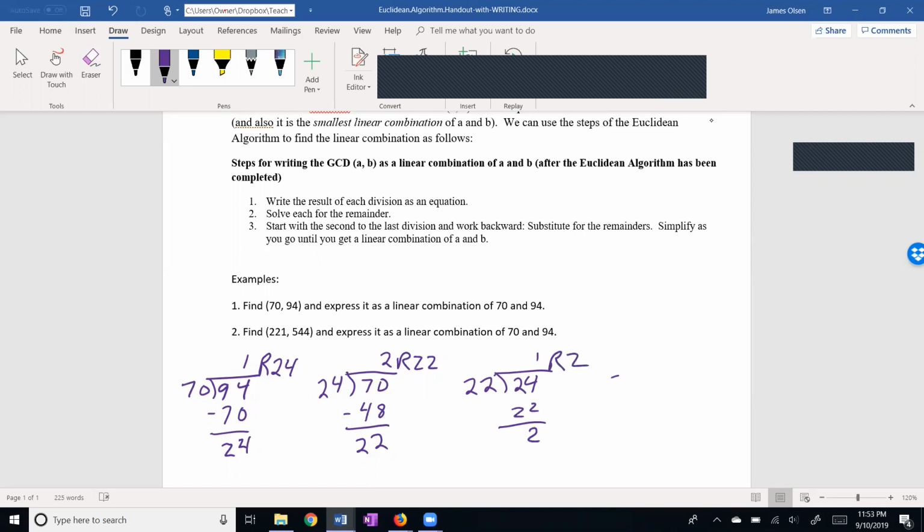The remainder comes on the outside. 22 goes on the inside. And 2 goes into 22 eleven times, and I do get a remainder of 0, and it's one of my traditions, I like to make that a smiley face. So this divides in evenly.